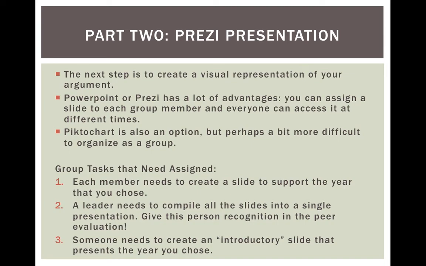Give people recognition, especially if they're doing a little bit extra work on this project. And then someone needs to create an introductory slide that presents the year you choose, that has the group members on it, things like that. Again, give this person recognition in the peer evaluation.